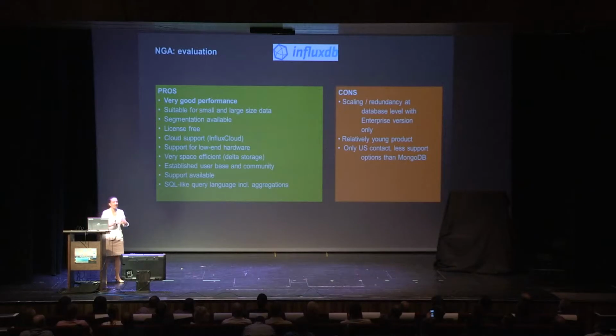This means you can export data, delete them, and later on re-import this data. This is supported. There's an open source version available, great. Cloud support is given. It's very, very space efficient. It takes about 25% of the space of any of the other databases that we looked at because it's only storing the deltas. So this is also quite nice.